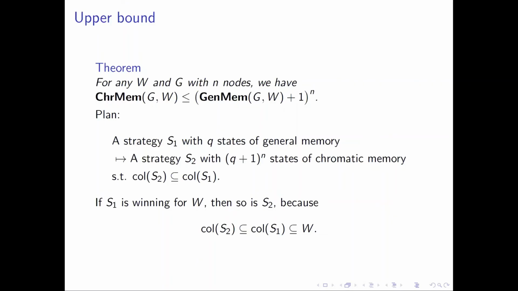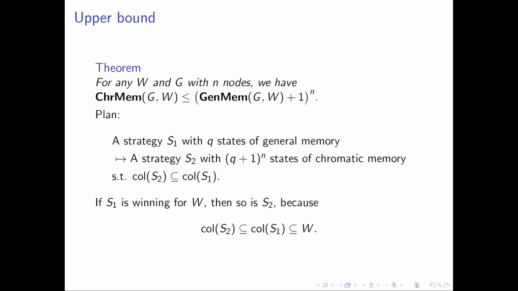And finally, I wanted to give a proof sketch of the upper bound. Just to remind you, we are proving that for any winning condition W and any graph G with n nodes, the chromatic memory is at most (general memory plus 1) to the n, where n is the number of nodes once again.